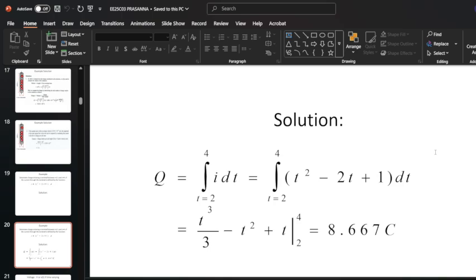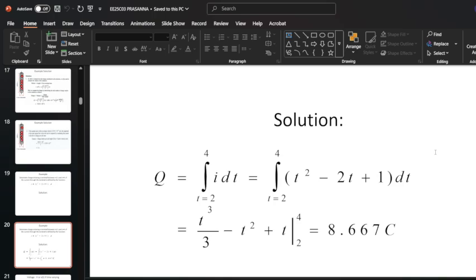After the integration, we get the solution. T square becomes t cube divided by 3. 2t becomes 2t square divided by 2, so the 2 gets cancelled and t square remains. Integrating 1 dt, we get t. The upper value is 4 and the lower value is 2.